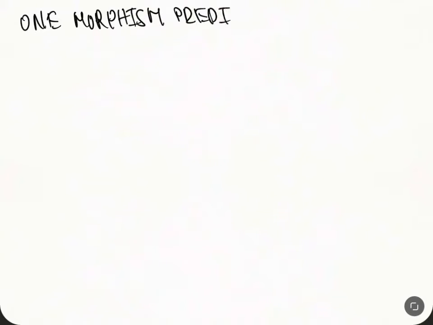the one morphism predicate. So these are just some things that are used to talk about morphisms of Frobenioids.